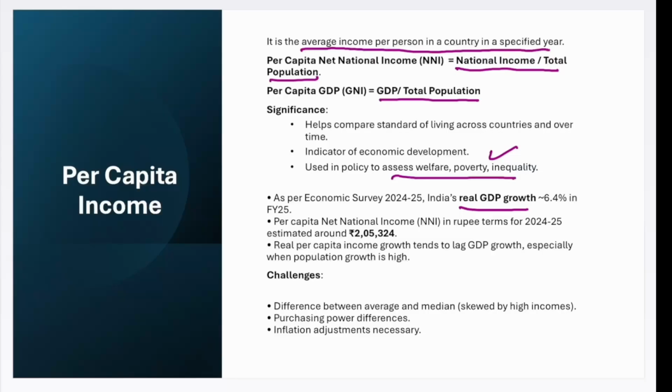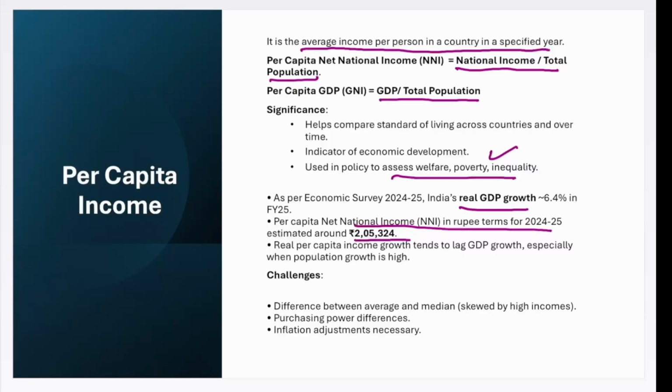This is what we have been hovering around, 6 to 6.5%, in the last few years. And per capita net national income in rupee terms is estimated to be around 2,05,334. So this is the amount of money an average Indian earns in a year. These are very important numbers.